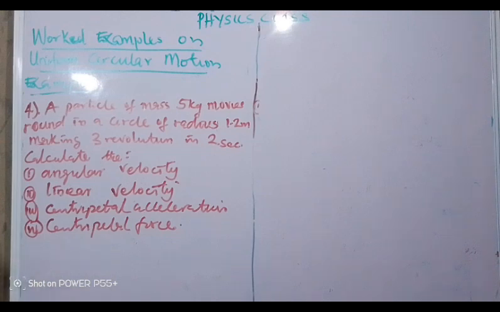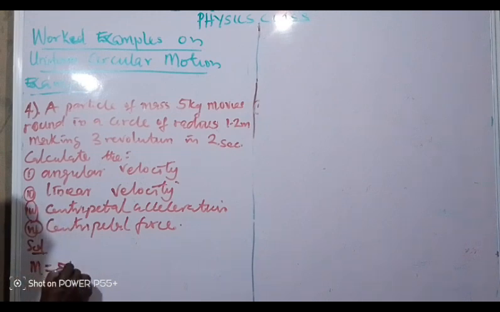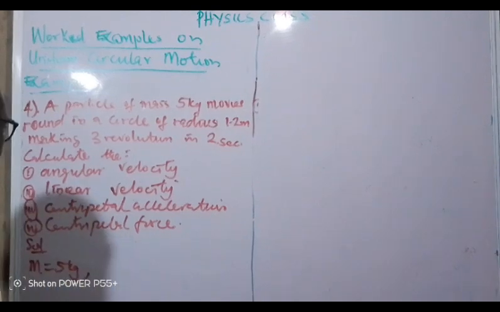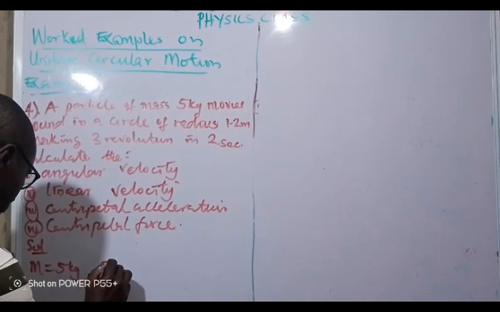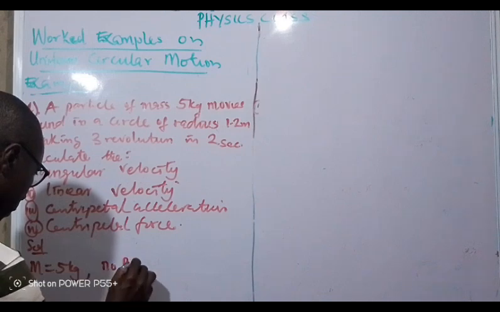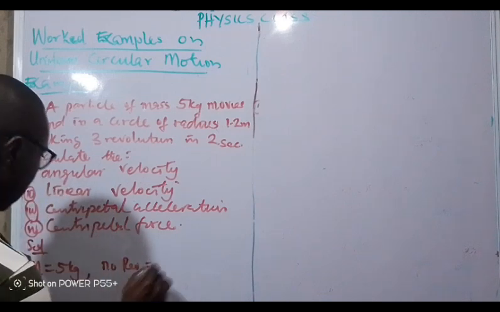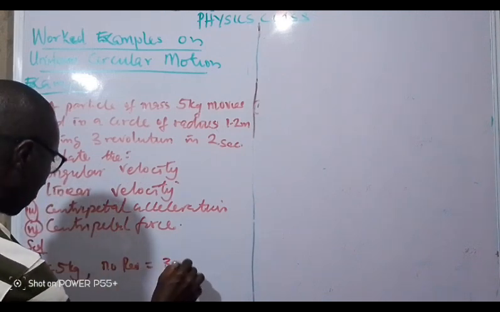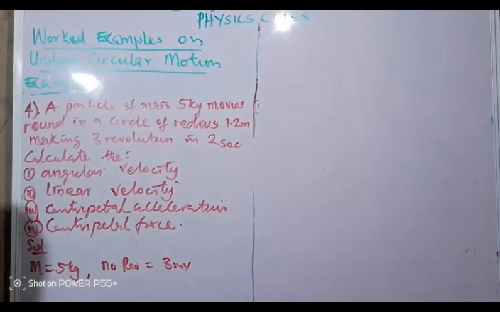So from this one, let's write out the parameters given. Mass of the particle is given as 5 kg. Number of revolutions is given as 3 revolutions. Time taken, t, is 2 seconds.